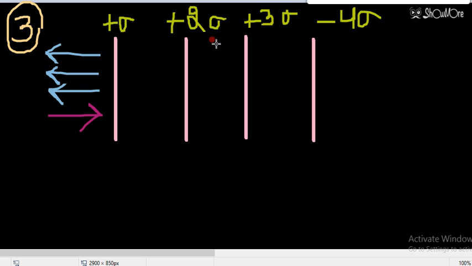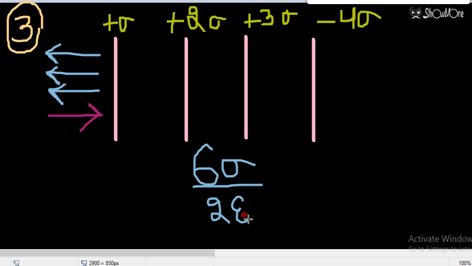So add these three, it will give me sigma plus 2 sigma plus 3 sigma. So it will be 6 sigma by 2 epsilon naught. And then I have to subtract this 4 sigma sheet. So it is minus 4 sigma by 2 epsilon naught.